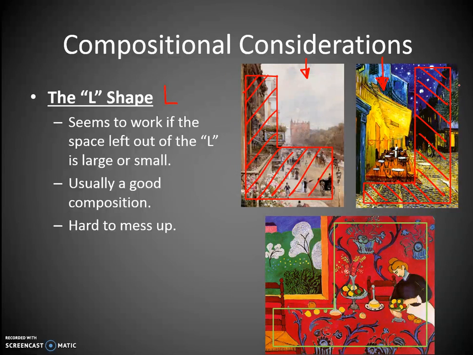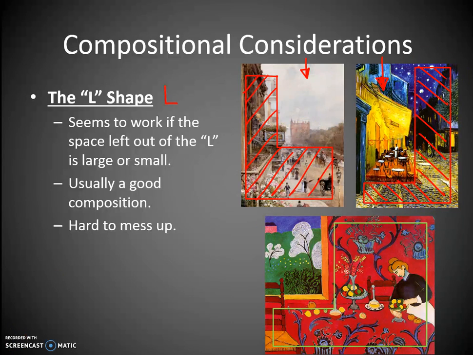Those are things to consider when you're using the L shape. You don't necessarily have one specific object that you want to stand out more than another. It's essentially kind of a scene. But this helps create a sense of balance. It helps you utilize your space a little bit more successfully, and it helps you convey your idea more successfully. Again, the L shape is really easy to use and difficult to mess up.